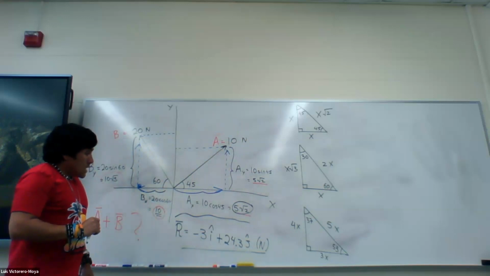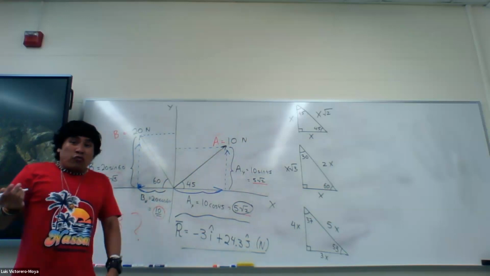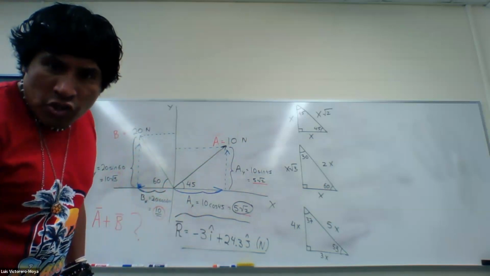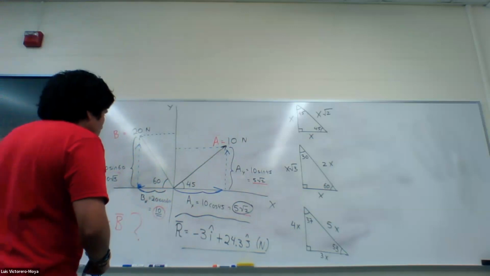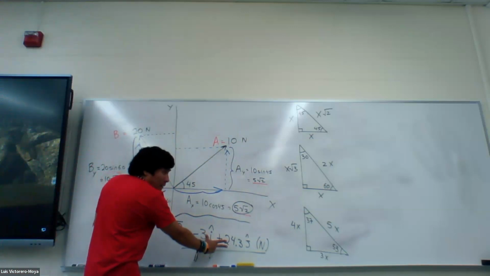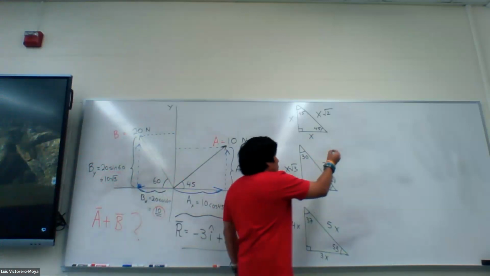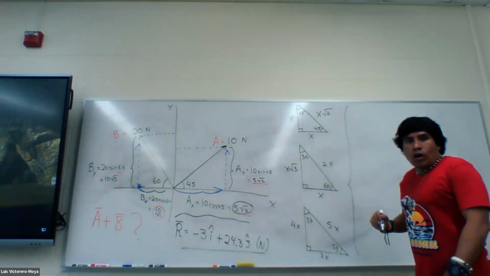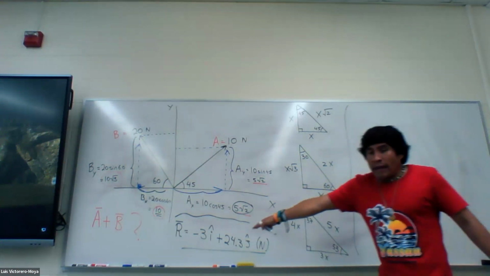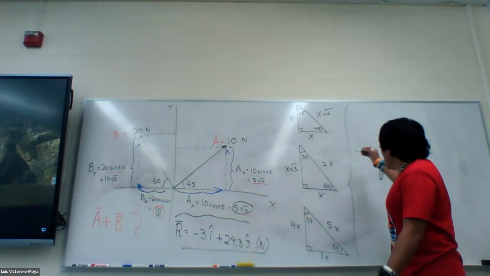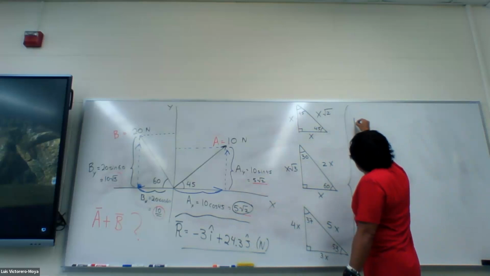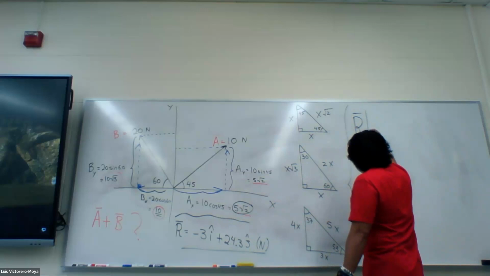All right. Now, what if they were asking you for the magnitude of that vector, right? Which, yeah, it's pretty clear. So if you want to find the magnitude of this, let's do it here. The magnitude of that vector, R magnitude.